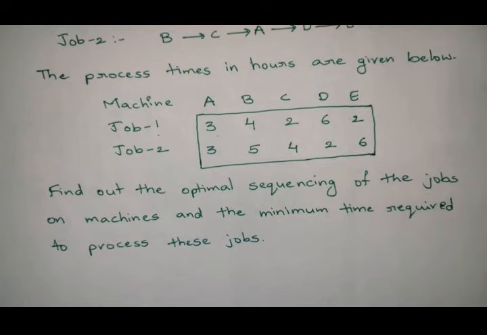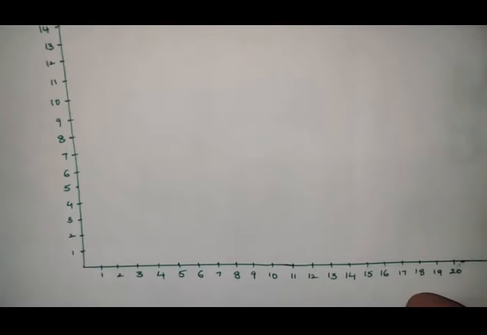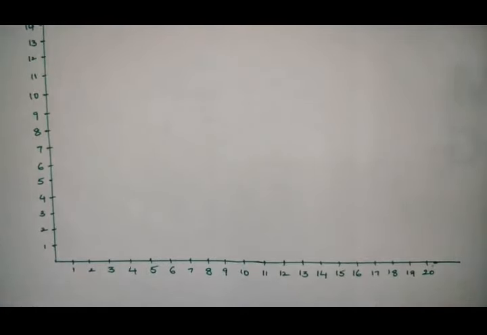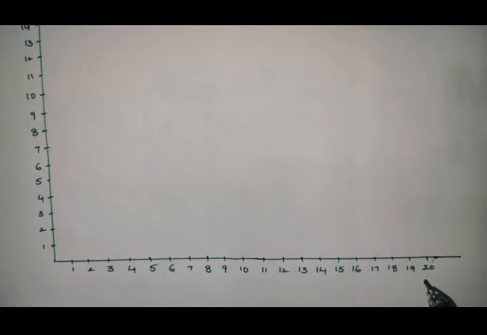Now let us solve the problem by the graphical method. Here I am going to draw a graph. This is the graph I have taken. The x-axis represents job 1 and the y-axis represents job 2.